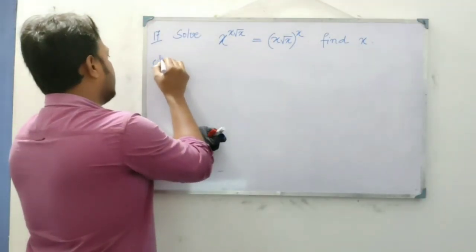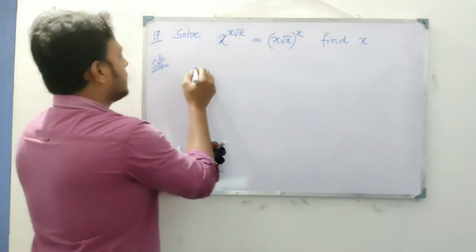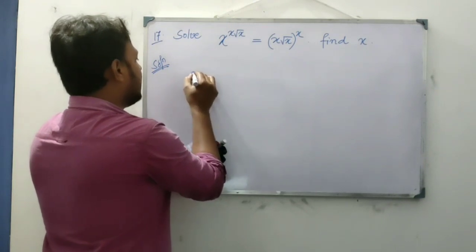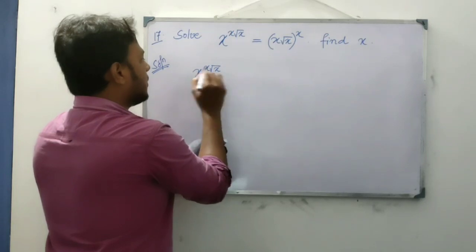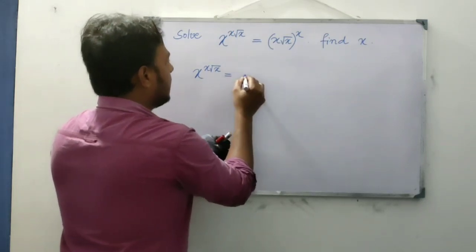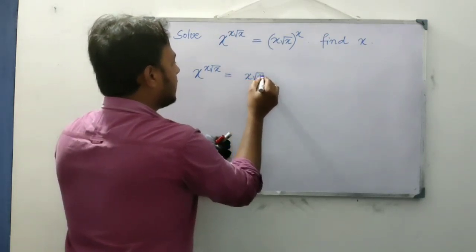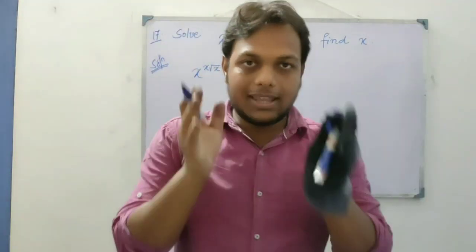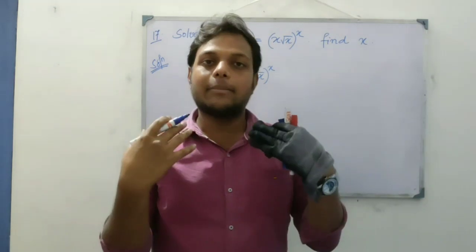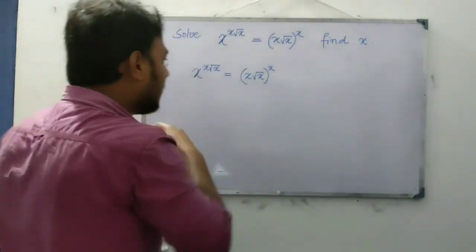By using law of indices, so look at the board. So in left hand side it is given x to the power x root over x, so keep it unchanged now, and in right hand side given x root over x to the power x. We will try to make the same base or make the same power.